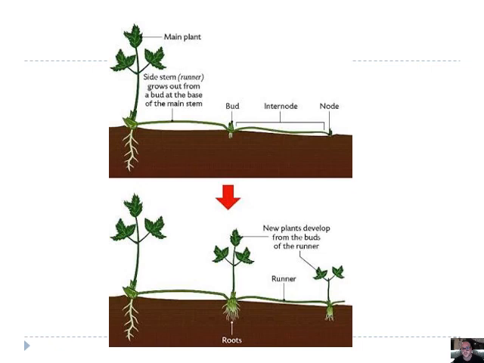Remember, they want to reduce the amount of competition that they have with their offspring, and when that runner hits the ground, it starts to produce roots, and when it produces roots, the internode falls off and the new plant then grows from that. Okay, so again, these are clones, and you can keep on producing these runners and actually take over wildly. So a lot of these plants we actually don't put in our garden, and we keep them in pots because they can grow so rapidly and produce new offspring so quickly that it introduces so much competition that a lot of the plants in the area will die.